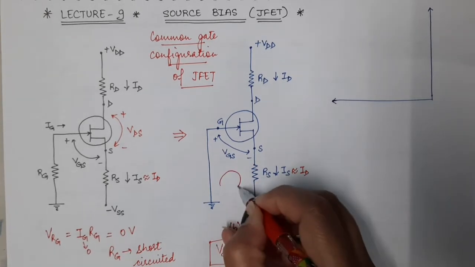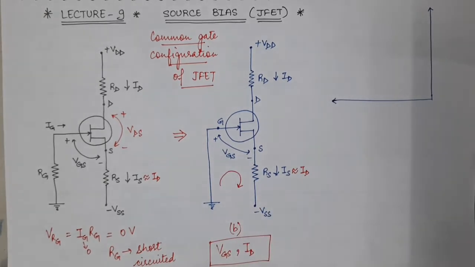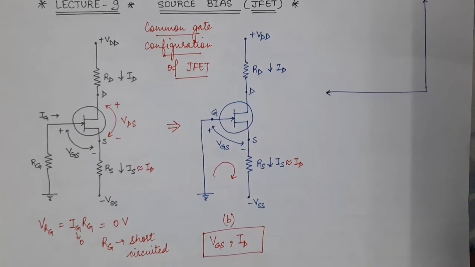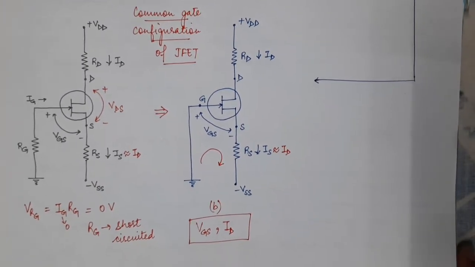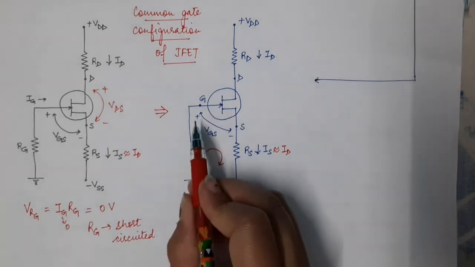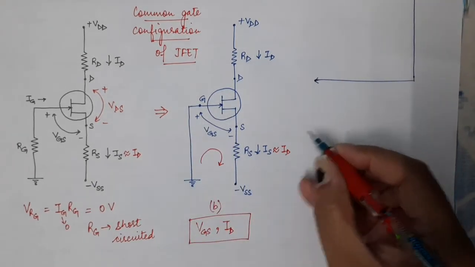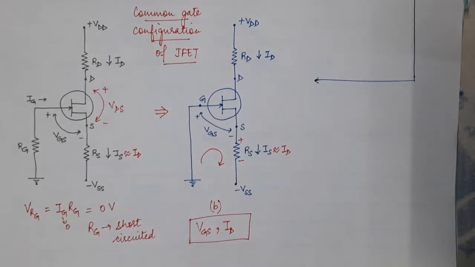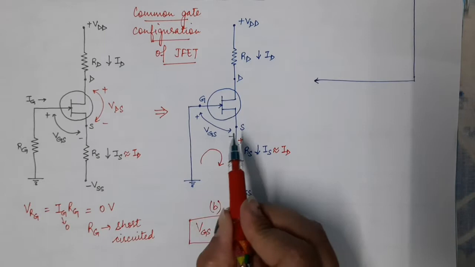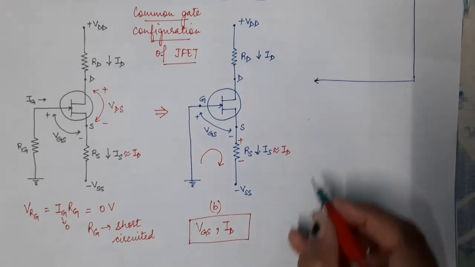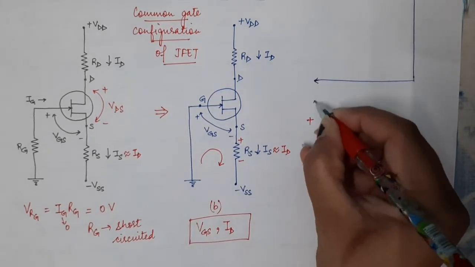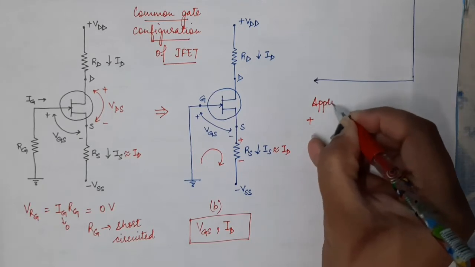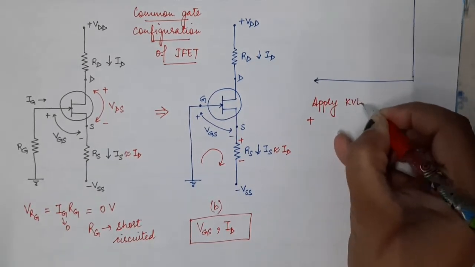So apply Kirchhoff's voltage law to this loop. What will you get? Plus, minus, then minus. So according to Kirchhoff's law, apply KVL to the input loop.